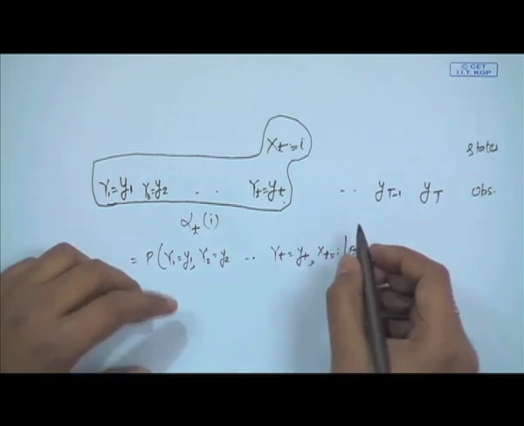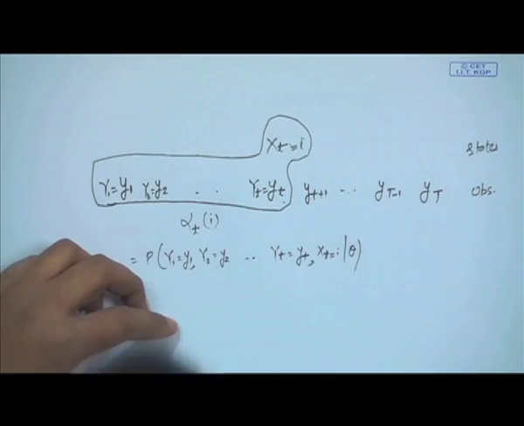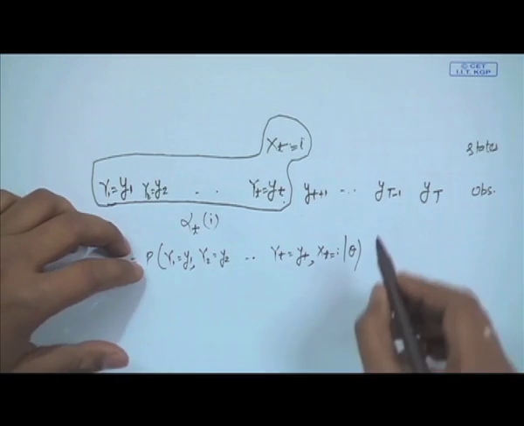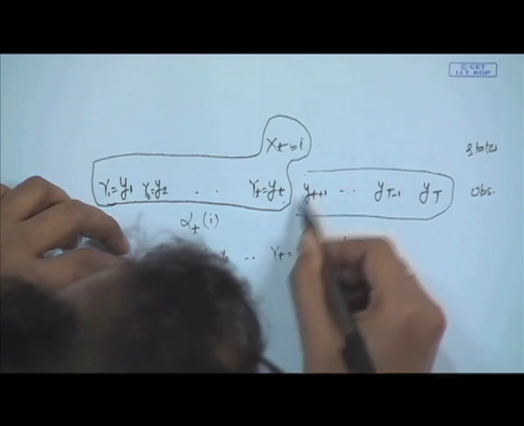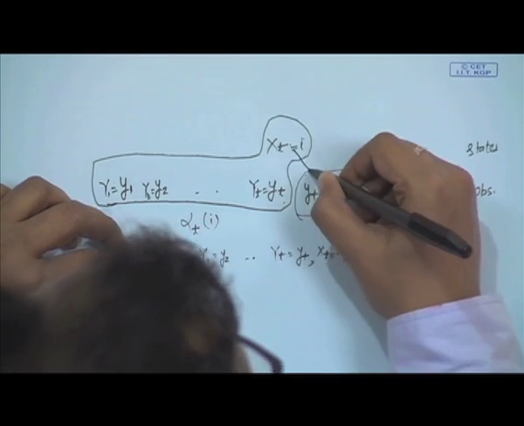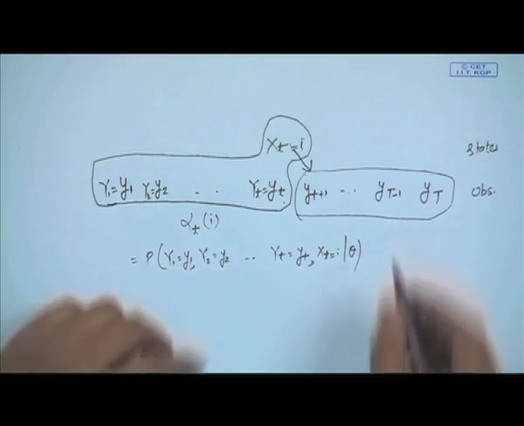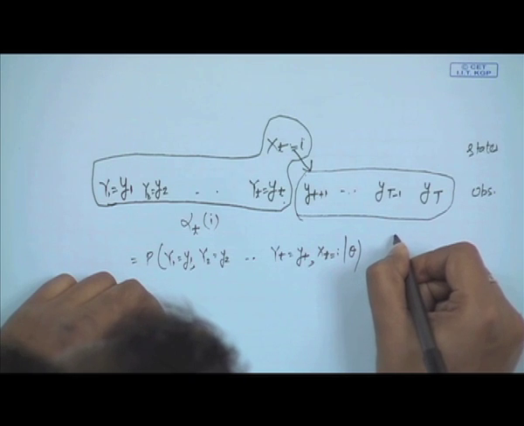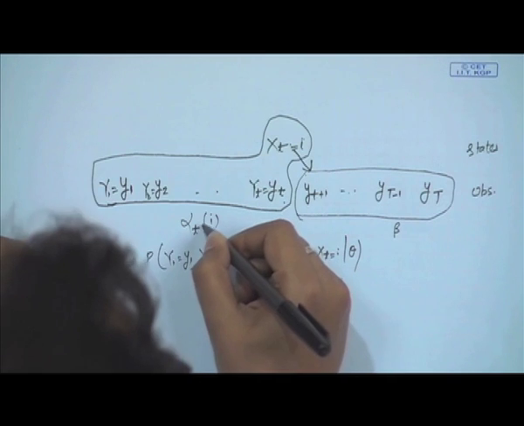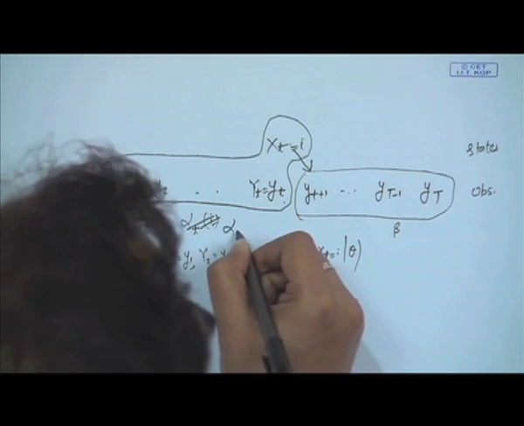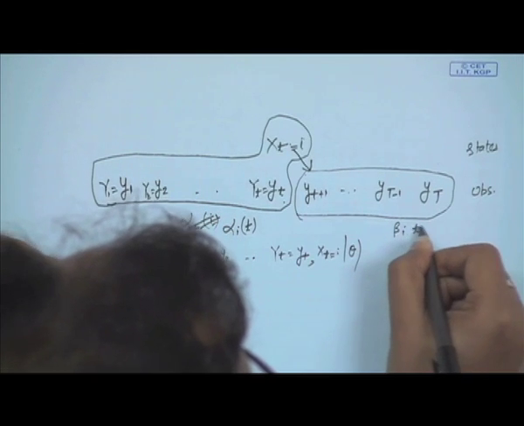Then I compute a backward probability. What is that? This is the probability of observing this given this state. So, this is my alpha it and this is my beta it.